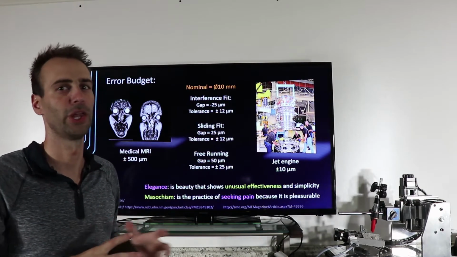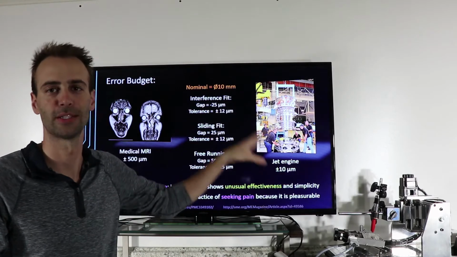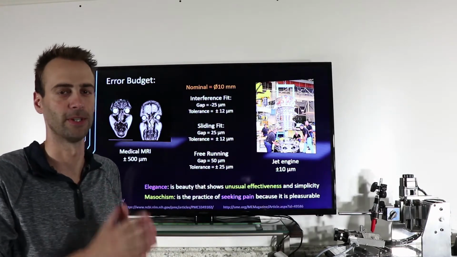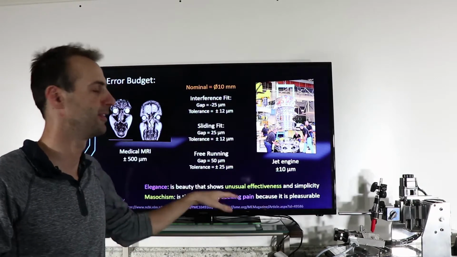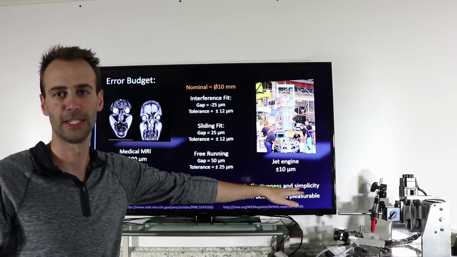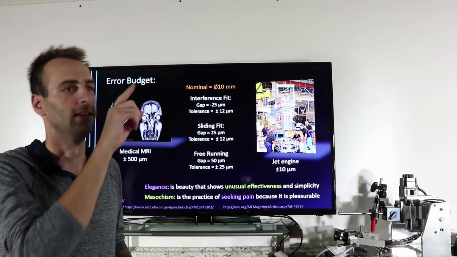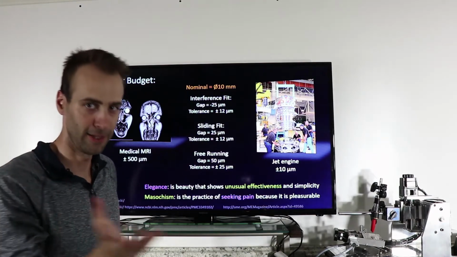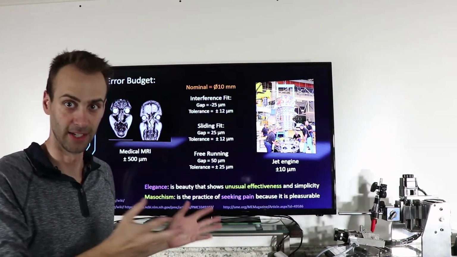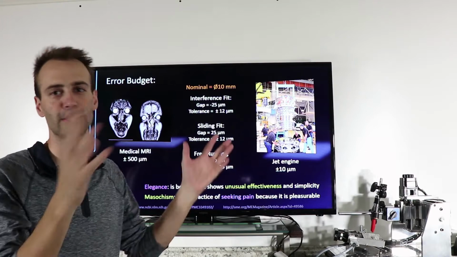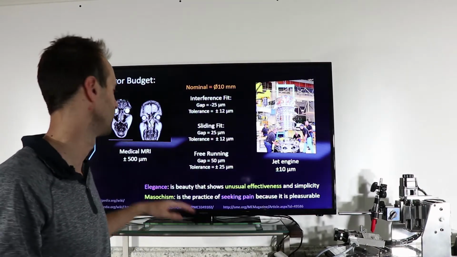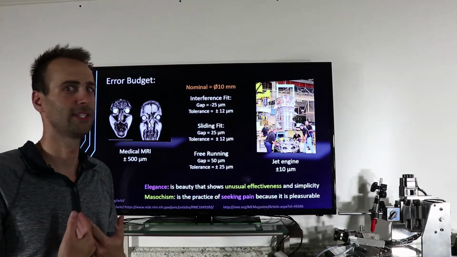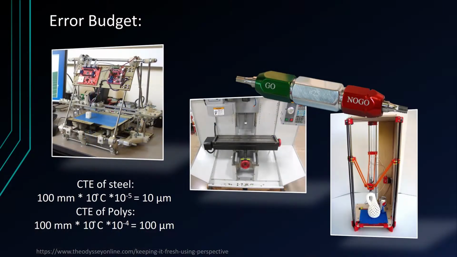Trying to make things perfect and trying to do things the best you can is extremely painful, especially if you shoot for that first. So I highly encourage you to focus on simplicity and get it to work. Do all your geometric errors first, get it to work. Then maybe add some dynamic errors. Get it to work, then focus on all the rest of the stuff. So don't be a masochist, keep it simple. I'm not a sadist, I don't want you to feel pain, okay?